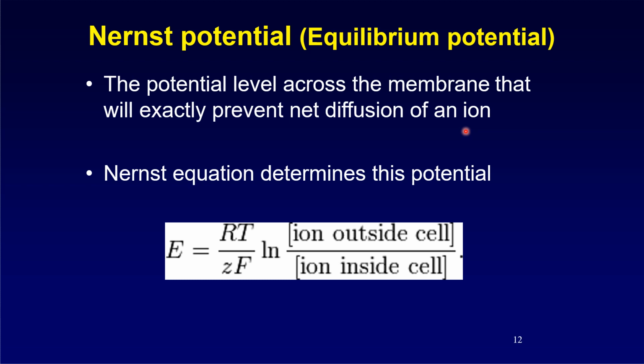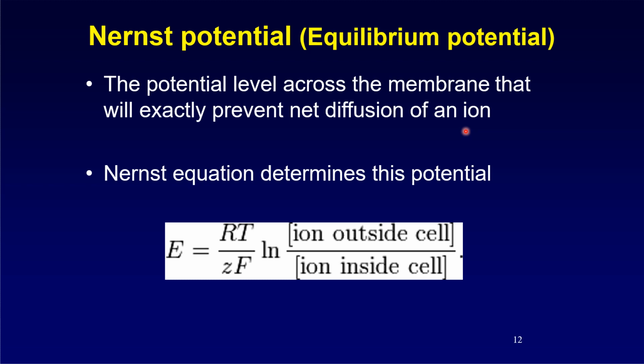At normal body temperature, converting from natural log to base 10 log and replacing the values of the constants numerically, the equation can be simplified to E equals plus or minus 61 log of concentration of ion inside by concentration of ion outside.